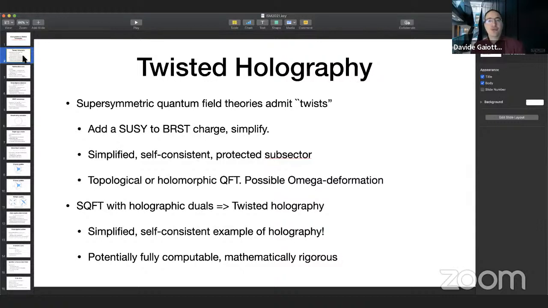Correspondingly, you lose some components of the stress tensor that become exact. And so your theory will not depend on the full metric on the space-time, but only on some parts of the metric. And so in some situations, this might be enough to remove completely the metric dependence, in which case your resulting theory is topological. But in a lot of situations, it keeps only the complex structure.